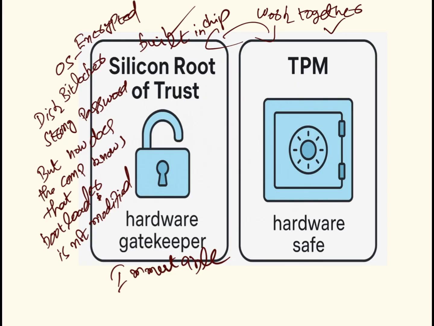And regarding TPM, what does it do? Core TPM functions: secure key storage, platform integrity measurement, and secure boot support. TPM is where our keys and measurements are stored.